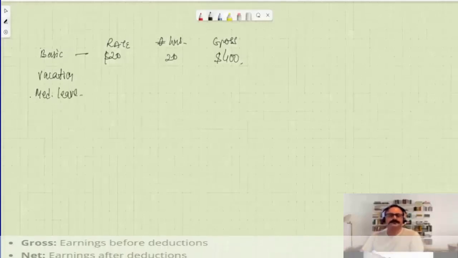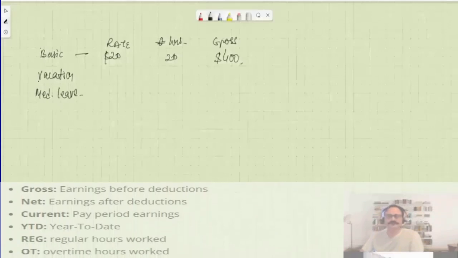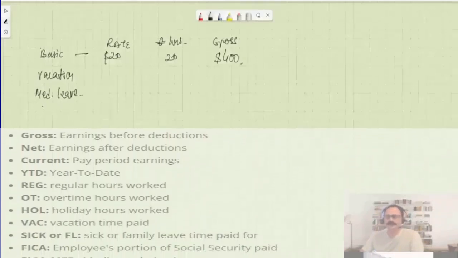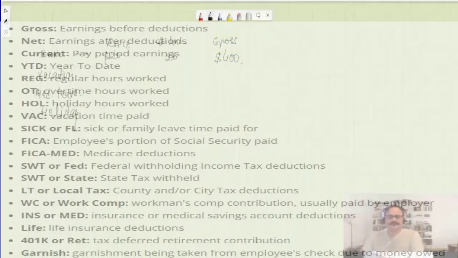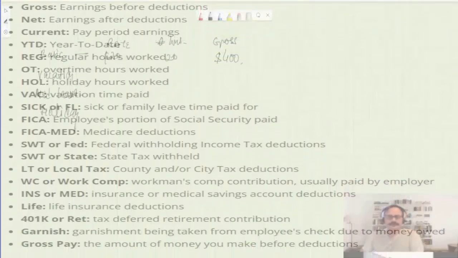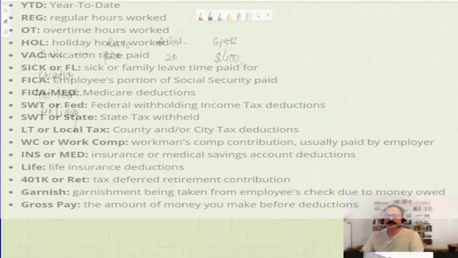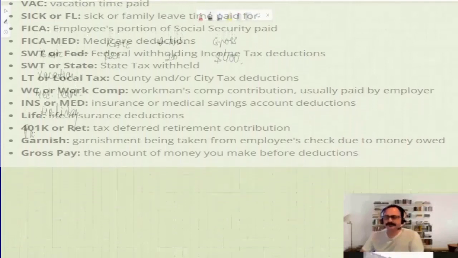Sick leave is going to be your medical leave. Vacations could be, or there could be a holiday. You took vacation, you took medical leave, it was a holiday. There is a possibility you took earned leave.